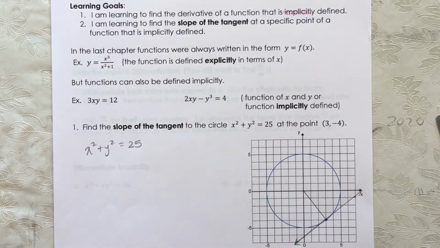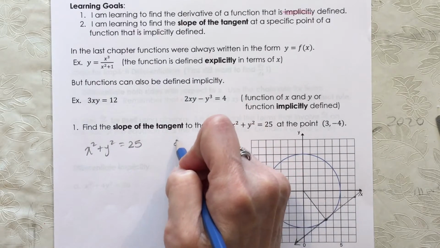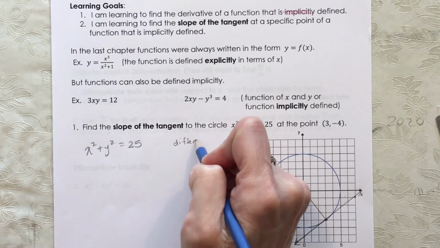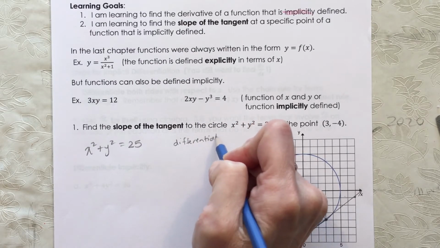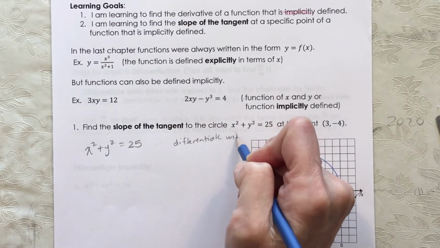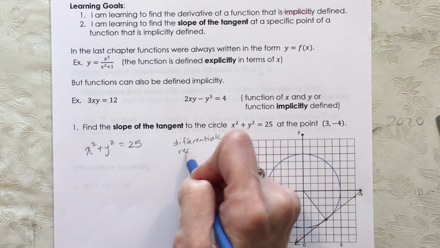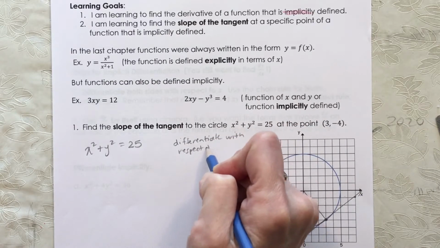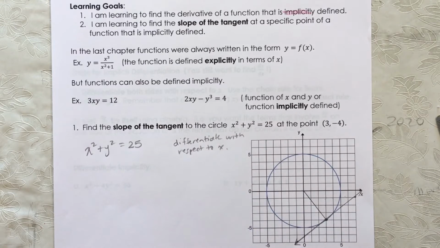And we want to derive this, or differentiate with respect to x, which is what we did in all of the last chapter on the rules. Everything we derived or differentiated was with respect to x, unless it was in the case of a word problem, and then sometimes it was in terms of time.